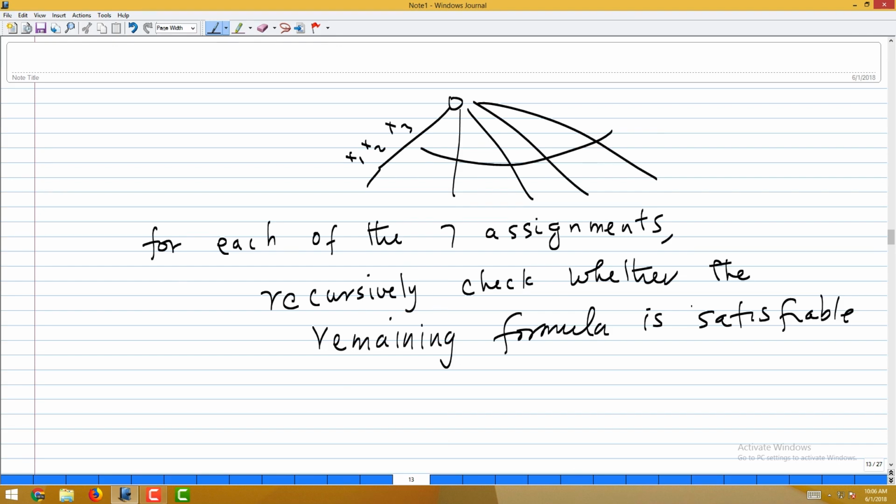So, what would be the recurrence relation for this algorithm? I am solving 7 problems of smaller size. T of n equal to 7 times T of n minus 3, plus some polynomial time. Okay, do not bother about it. What does this solve to?